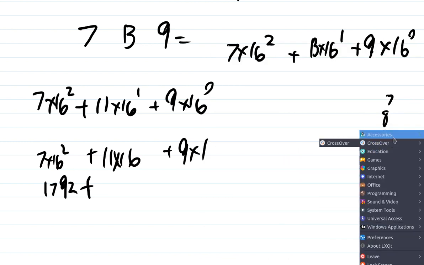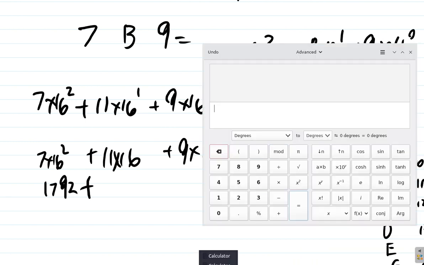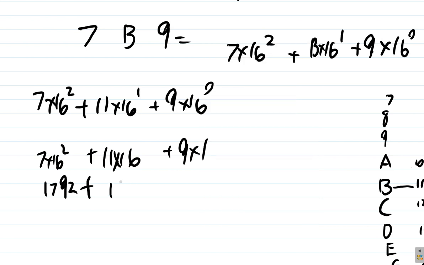Let's try that again. So we have 11 by 16 now. Alright, it's not the calculator I wanted. This is the one I want. So 11 by 16 is what? 11 by 16 is 176. So that's 176 plus 9.